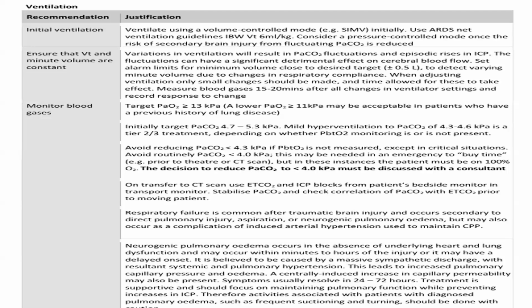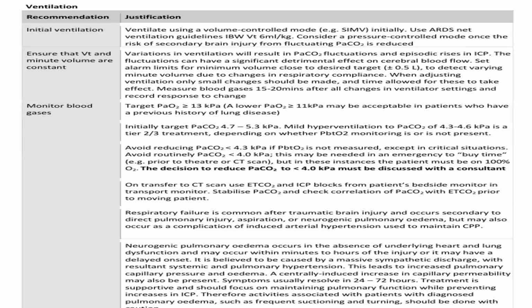When adjusting ventilation, only small changes should be made and time allowed for this to take effect. Measure blood gases every 15 to 20 minutes after all changes in ventilatory settings and record the response to change. So maintain appropriate oxygenation level. Oxygenation should be more than 90, whereas PCO2 level should be 32 to 35.